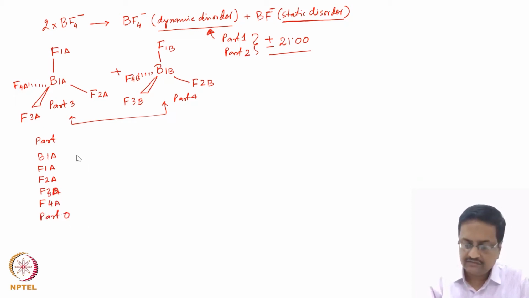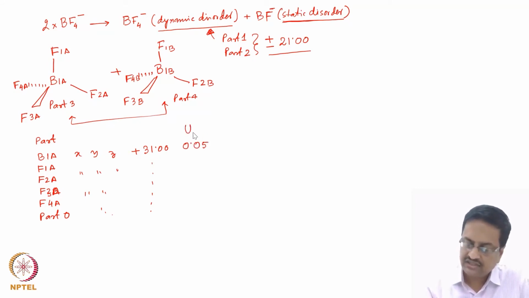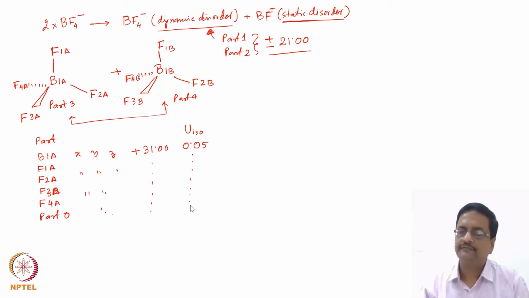So these will have the corresponding x, y, z coordinates for all of them, different, of course, x, y, z coordinates. And we assign the occupancy factor as plus 31.0 for all of them. And we assign a starting isotropic thermal parameter, U iso, as 0.05.